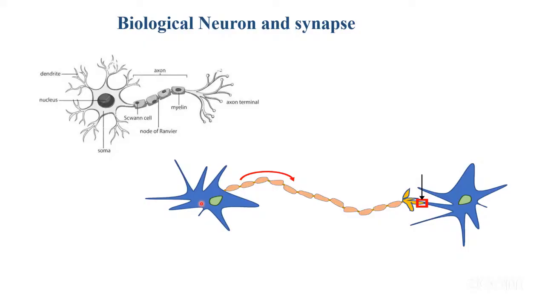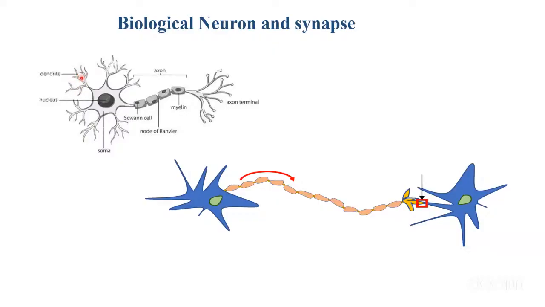But unlike the other cells in our body, neurons act as information processing units. They receive inputs from other neurons via their dendrite tree. These cells are especially made for this information processing.